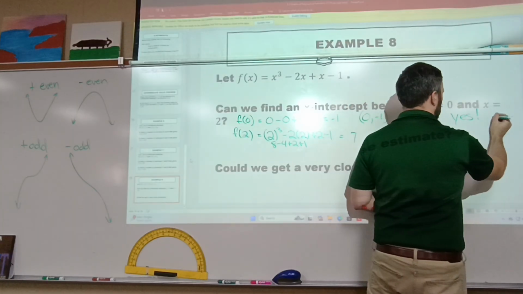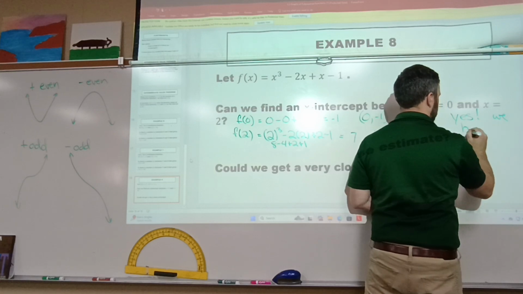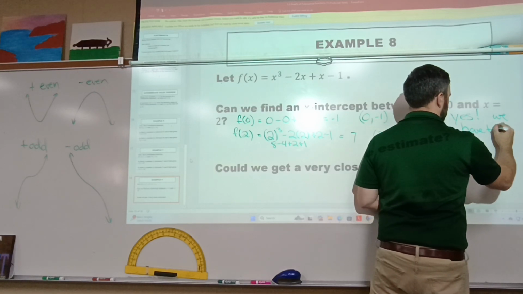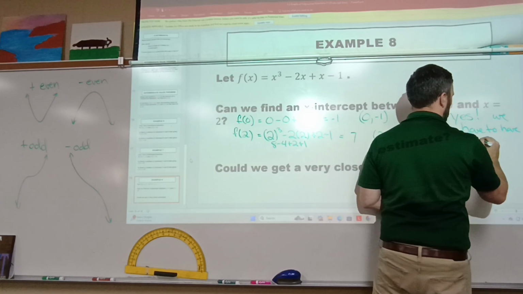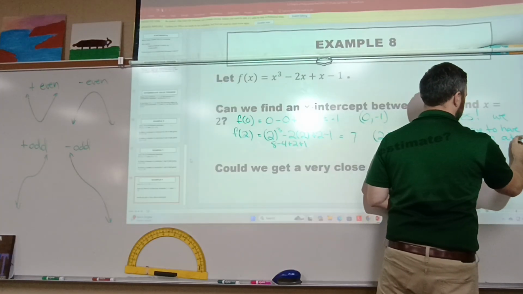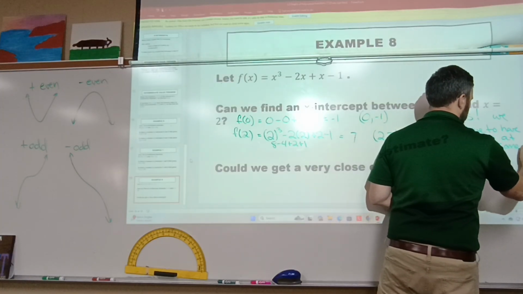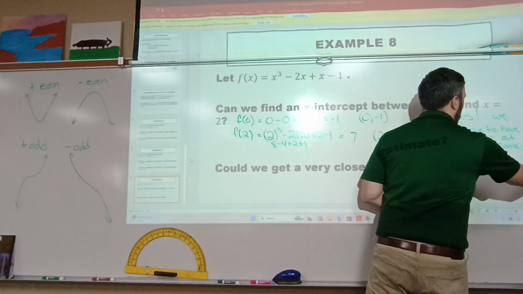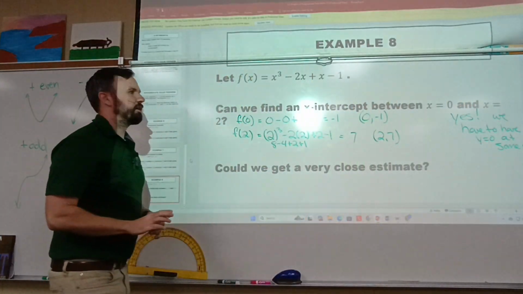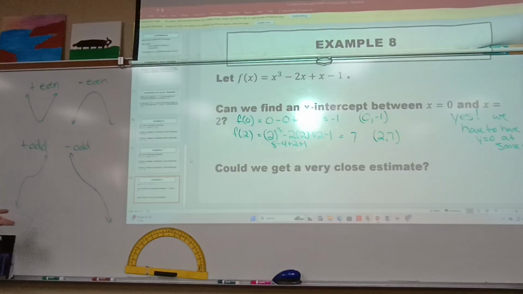Because we have to have y equals 0 at some point. You have to, right? Because it's continuous. You're going from (0, -1) up to (2, 7). At some point, y will equal 0. All right? That was a lot. That was a good one.